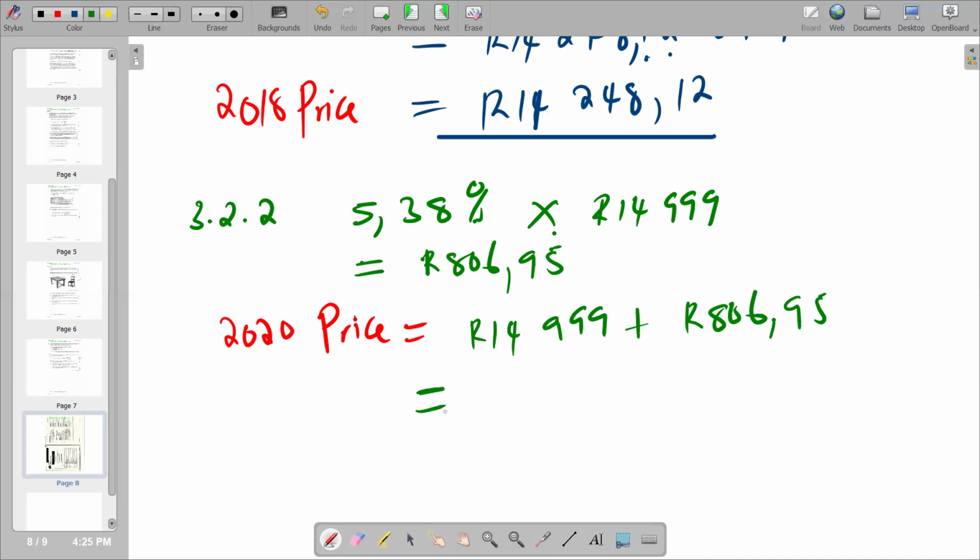We calculate it like that, and we see that the answer that we are supposed to get is 15,805 rands 95 cents. So this is what we have for the 2020 price.